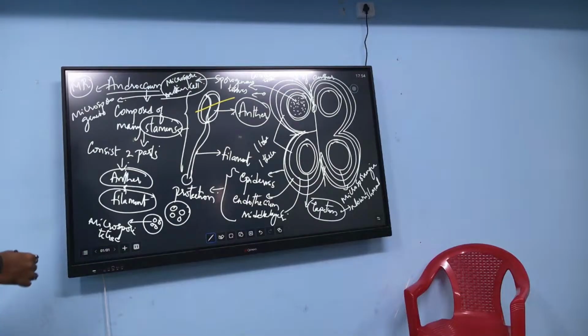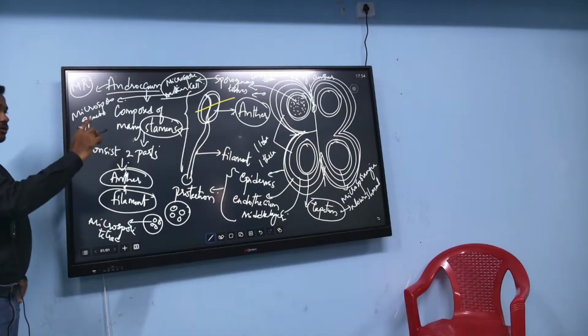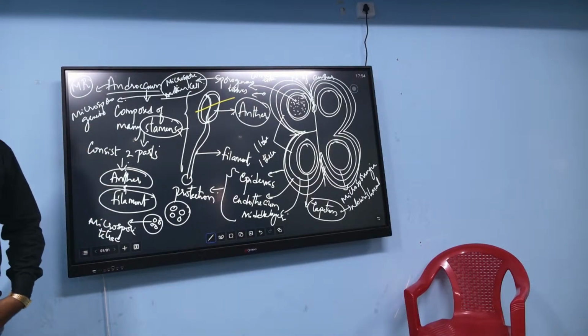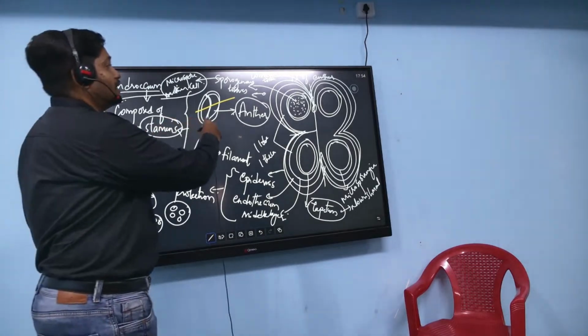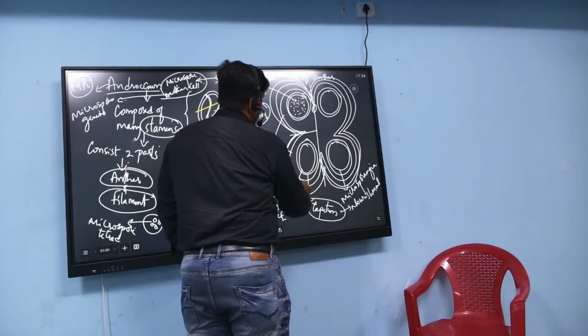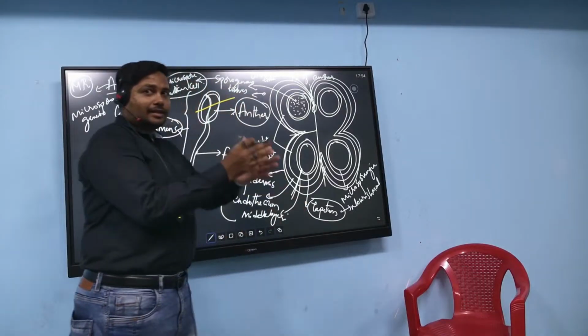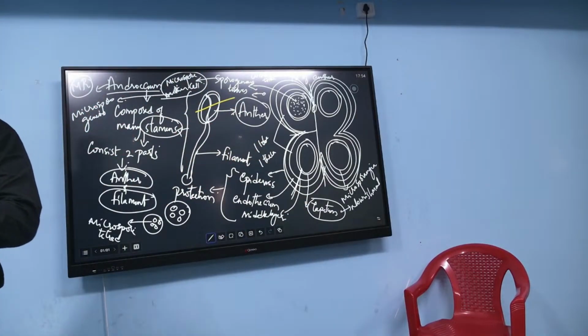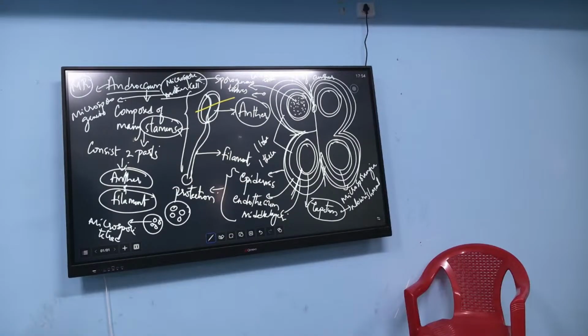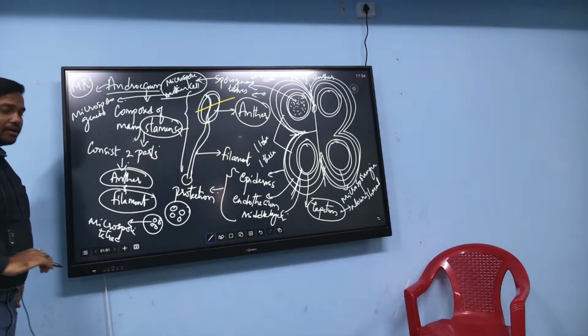Now, when the anther is matured, dehiscence of the anther takes place, meaning opening of the anther. Layer by layer, the anther will open. All the three protective layers will open, then the tapetum will open, then the microsporangia will open. So microspores will come out. When the microspores are present inside, they are called microspores.